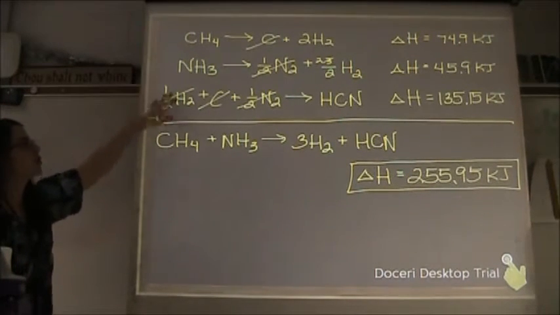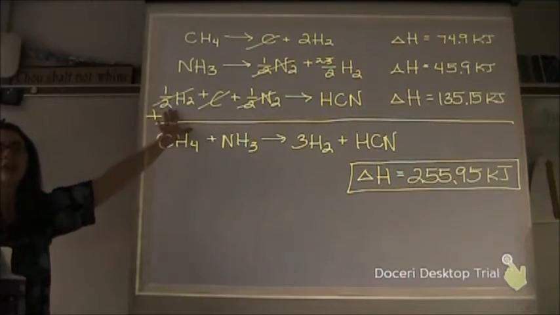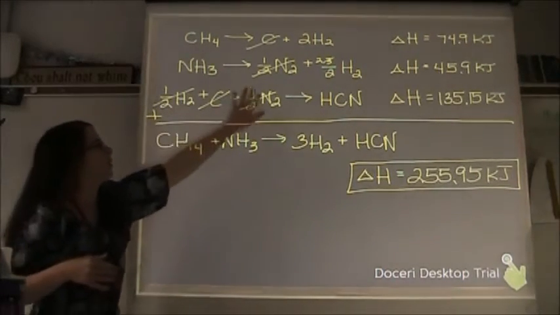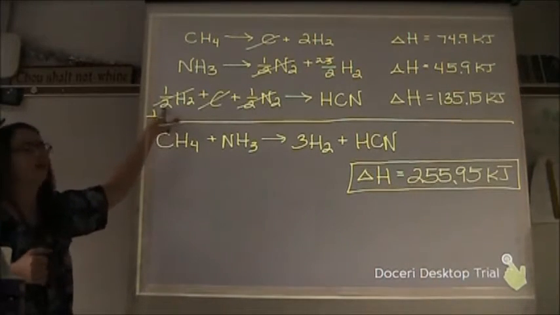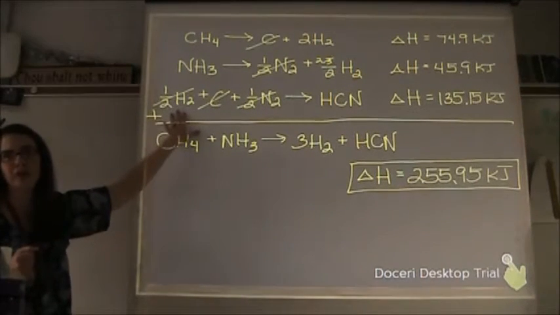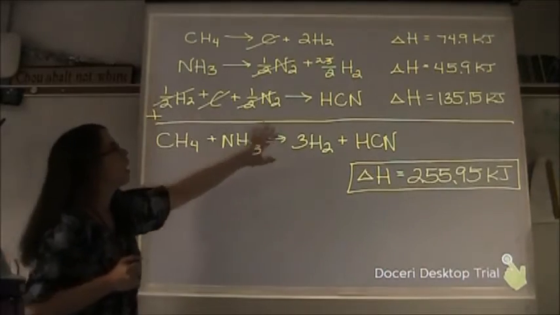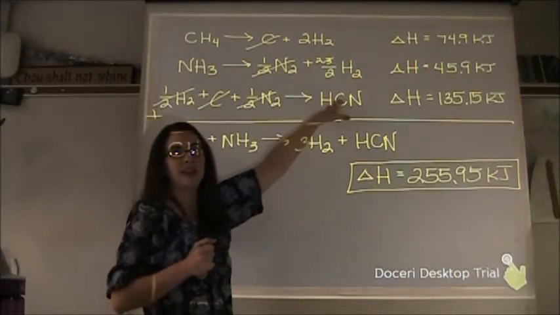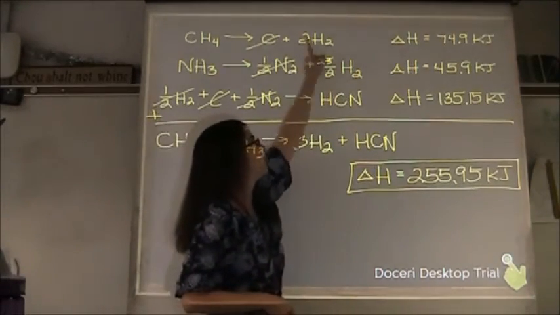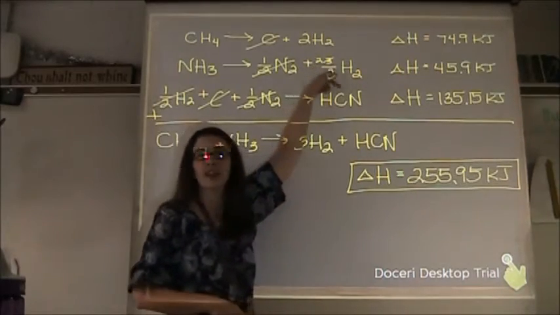It's the H2 that's a little confusing. If fractions are bothering you, then think of it more like a decimal, okay? On the left-hand side, we have 0.5 moles of hydrogen. On the right-hand side, we had 2 and 3/2, that's 1.5.